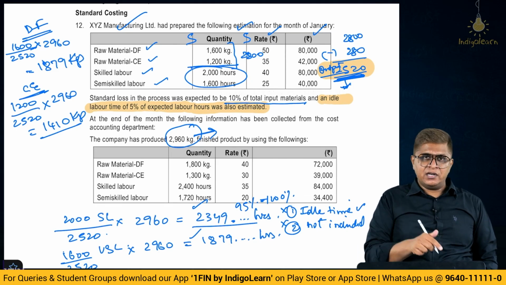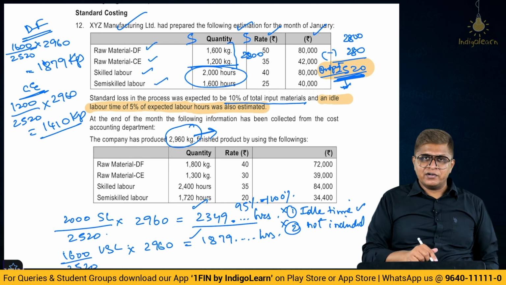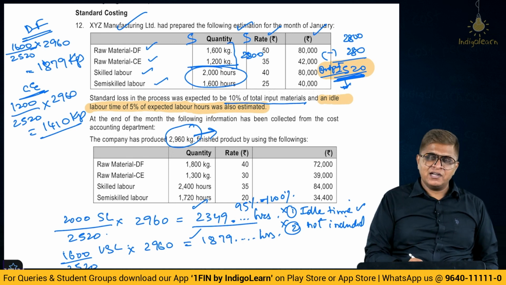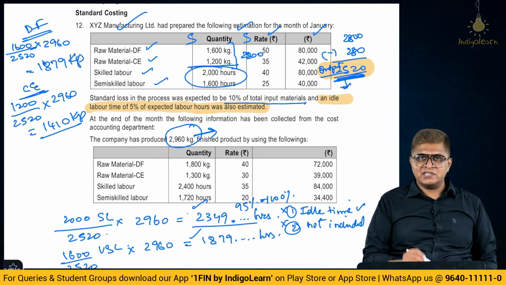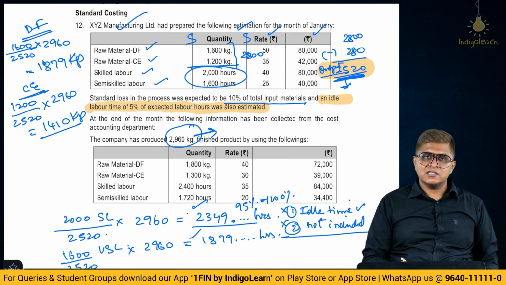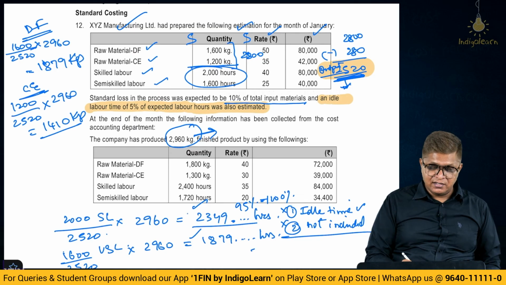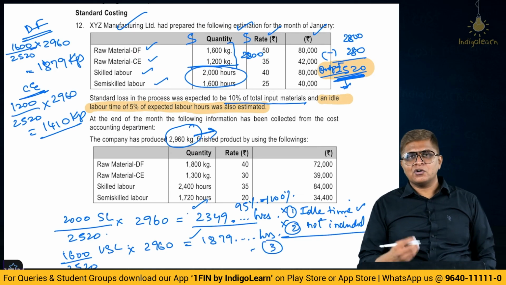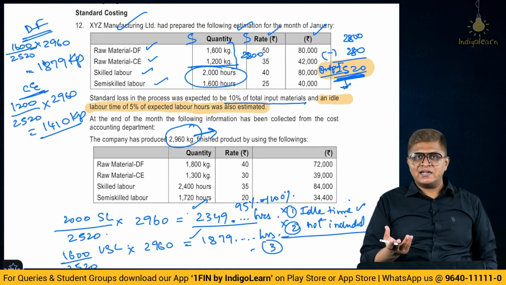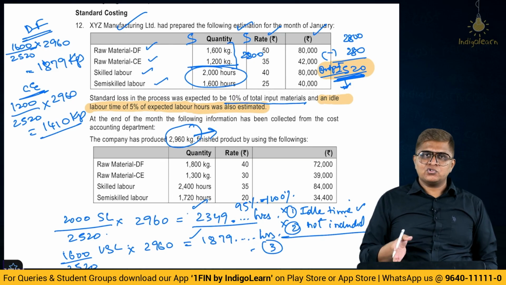Second assumption, it is not included, we need to provide for it. That means this time that we have calculated represents 95%, we have to find out 100%. But what they have done altogether is they have said, oh, 2349 hours is the total, let us calculate 95% of this and reduce it. I really don't know what logical sense it makes, but that is how the question has been solved in this RTP.